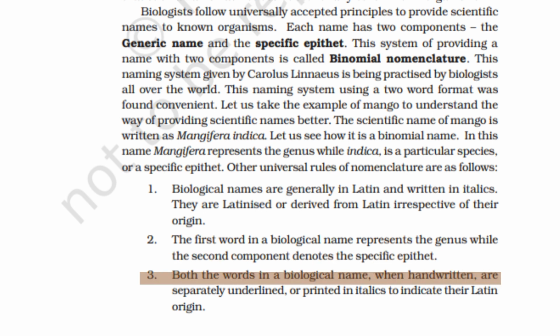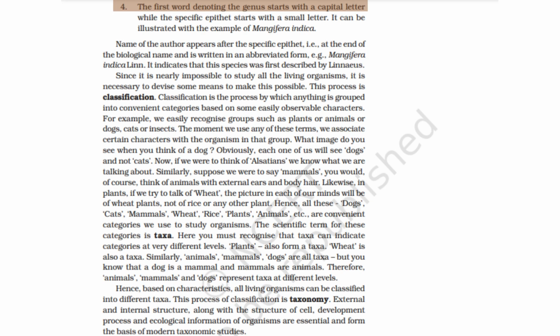Both the words in a biological name, when handwritten, are separately underlined or printed in italics to indicate their Latin origin. The first word denoting the genus starts with a capital letter, while the specific epithet starts with a small letter. It can be illustrated with the example of Mangifera indica.